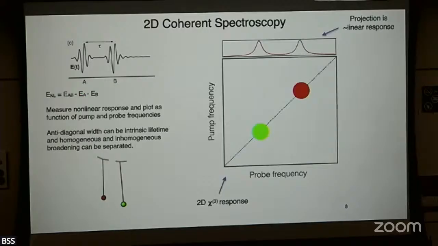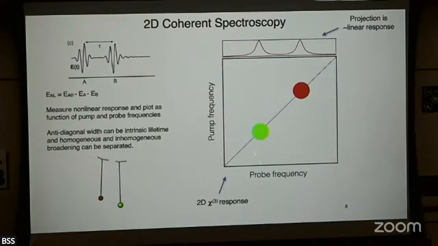So imagine then, though, that I'm dealing with 2 weakly nonlinear oscillators. I can imagine them, let's say, charged pendula that I'm driving in this particular fashion. And I'm going to make a 2-dimensional plot. This is 2 frequency dimensions here, and this is the 2D of 2-dimensional coherent spectroscopy. And I'm going to plot this nonlinear response out of the board, right? So this axis has one frequency and that has the other frequency. And what I'll see is that, by a feature of a nonlinear oscillator, if I pump it, its frequency shifts a little bit.